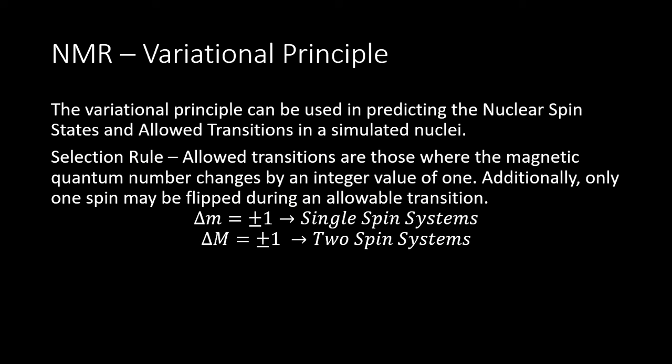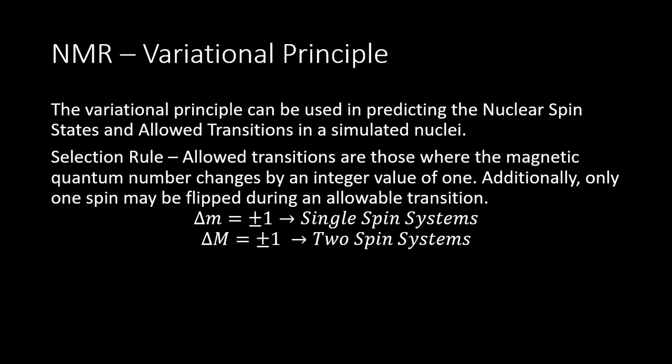Now, the selection rule essentially is two parts for nuclear magnetic resonance. First off, the allowed transitions are those where the magnetic quantum number changes by an integer value of 1. And additionally, for systems with multiple spins, only one spin may flip or change during an allowable transition.